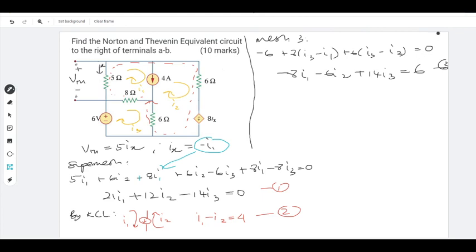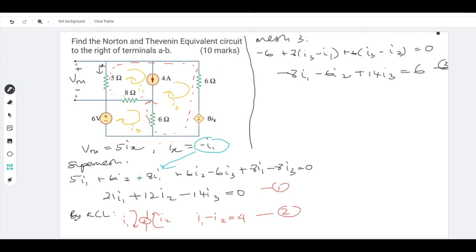Okay, you put into your calculator. Now this time you have to make sure you take 3 unknown variables. So A1 is 21, and then 12, and then minus 14, and a 0. The next one is 1, negative 1, there's no I3 there, and the 4. Last is negative 8, negative 6, and 14.